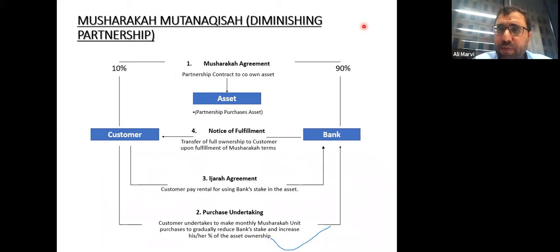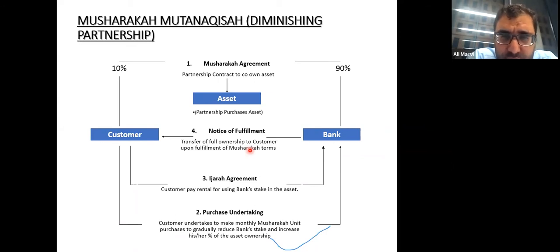And you can see musharika mutanaqisa by this schematic figure. Because this is not so difficult, I will move fast in the slides. In the first stage, we have musharika agreements or partnership contract to co-own assets.